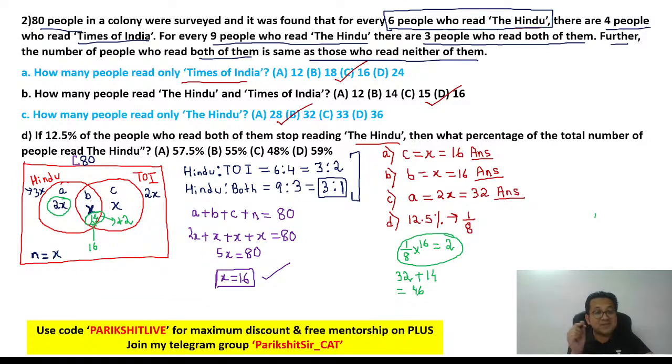The question is, what percentage? So basically it is 46 divided by 80. If you do the calculations, it will come out to be 57.5%. That's your answer. Are we clear on this?